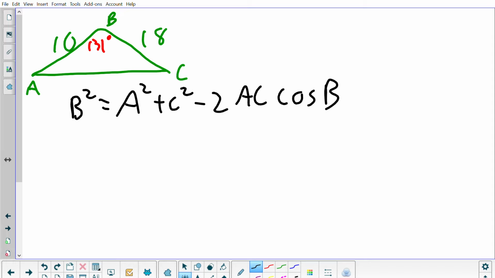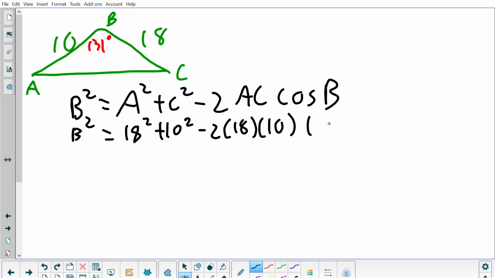Okay? So B squared, I don't know this length, so I'm going to keep it as B squared. A squared is 18 squared. C squared is 10 squared. Minus 2 times 18 times 10, and then cosine of 131.